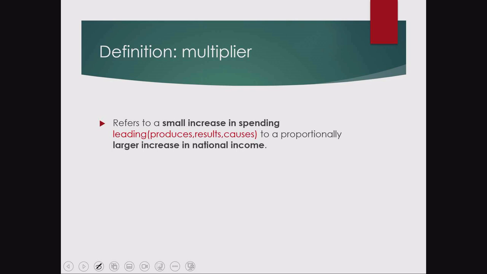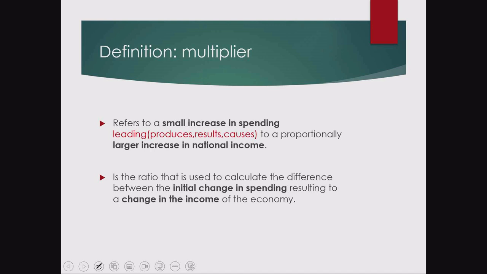A multiplier refers to a small increase in spending, leading to a proportionally large increase in the national income. Once there's an increase in spending, that causes a proportionally large increase in national income. One may say it is the ratio that is used to calculate the difference between the initial change in spending resulting in a change in income of the economy.